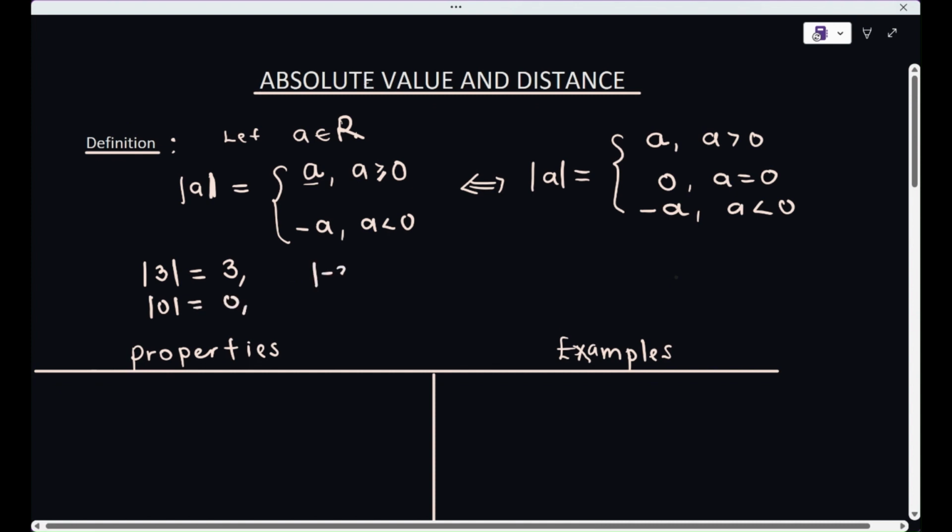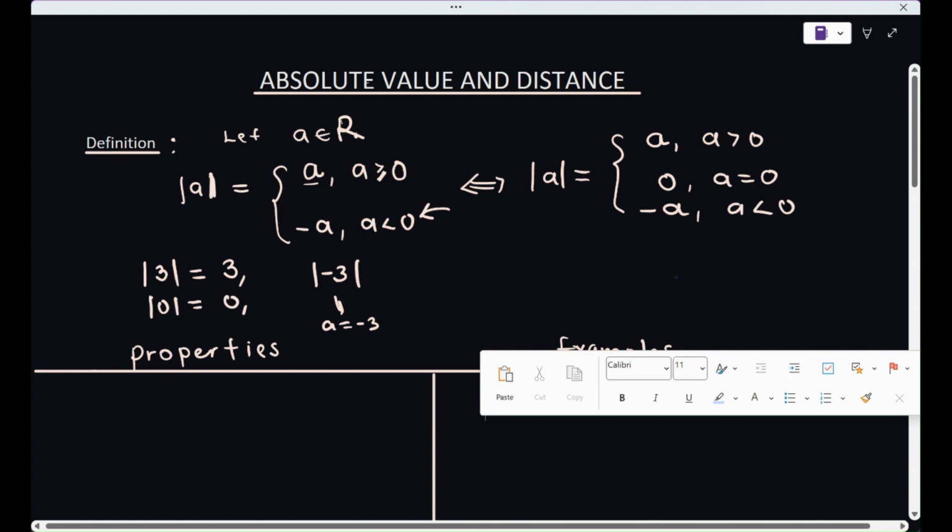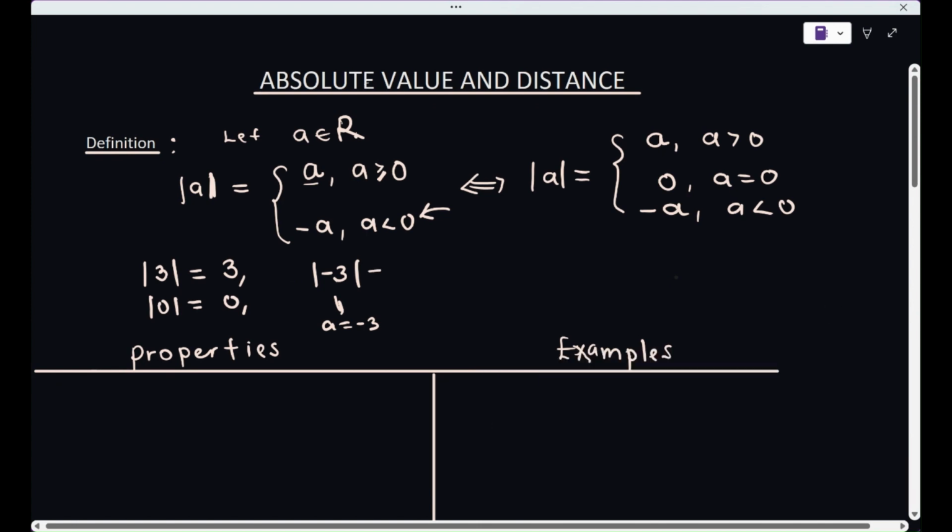But if we take absolute value of minus 3, it means we are in this situation. In this case, A is minus 3. So based on this definition, this is going to be minus A. So it's minus minus 3, which is 3.